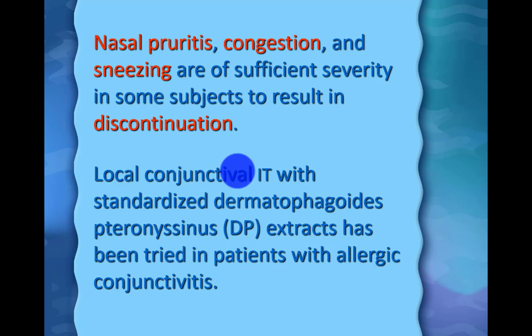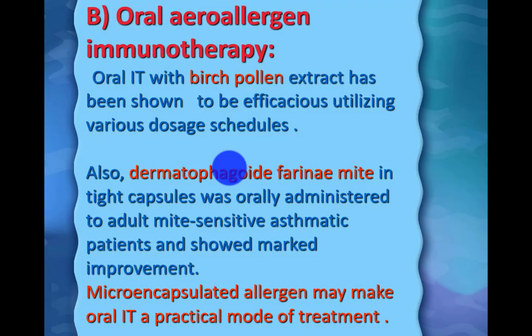Nasal bronchitis, congestion, and sneezing are of sufficient severity in some subjects to result in discontinuation. Local conjunctival IT with standardized dermatophagoides extract has been tried in patients with allergic conjunctivitis. Oral allergen immunotherapy.